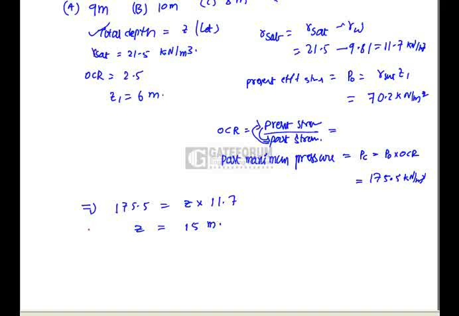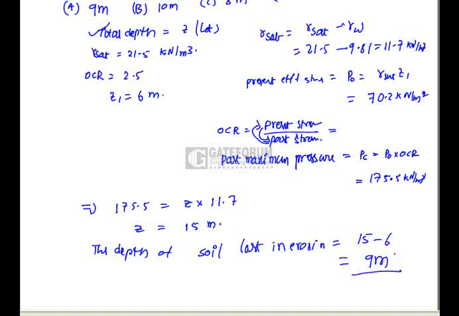So the depth of soil lost in erosion is equal to 15 minus 6, that is equal to 9 meters of soil eroded. So option A is correct.